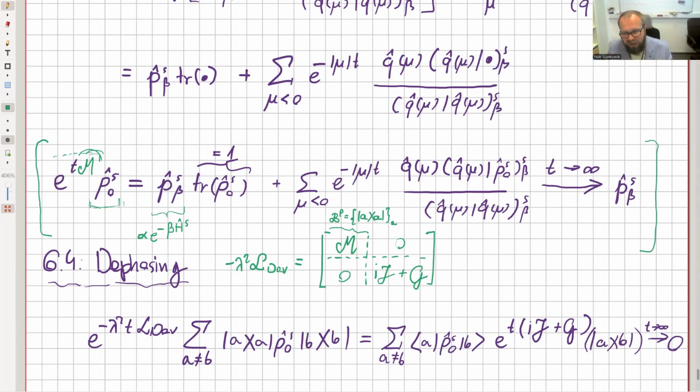And the other block is spanned by what is remaining. So I call this BC, because it's a subspace spanned by coherences, A not equal to B, okay?